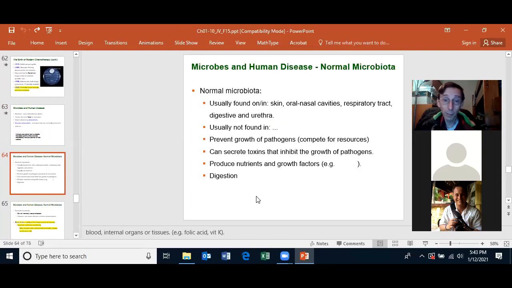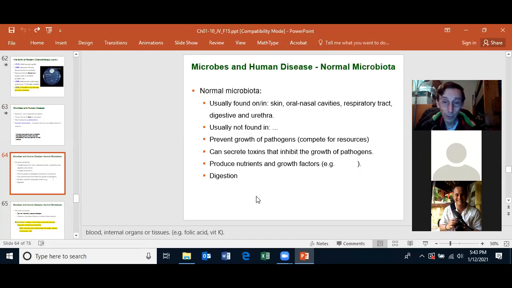the internal organs, or the tissues. The normal microbiota are important in preventing the growth of pathogens. The normal microbiota can compete for resources and space, keeping the pathogen from growing on a person and causing disease. That is why one salmonella that you consume will not make you sick.